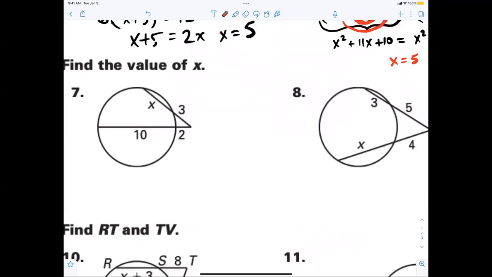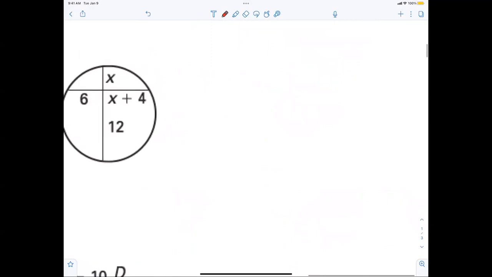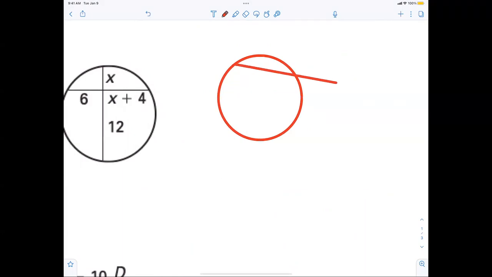I'm just going to draw another one up here. Here goes the rule, regardless of if it's a secant or if it's a tangent. So the first thing I'll do is a secant and a secant.